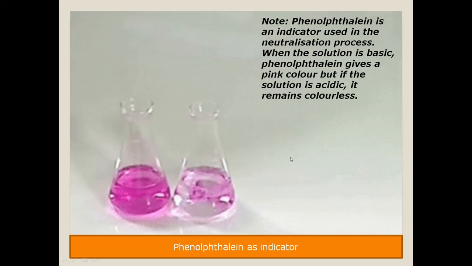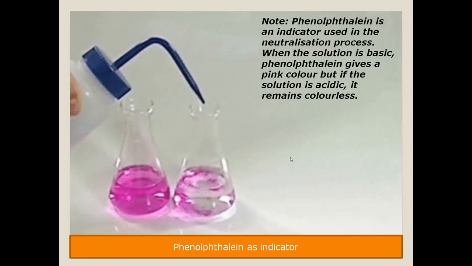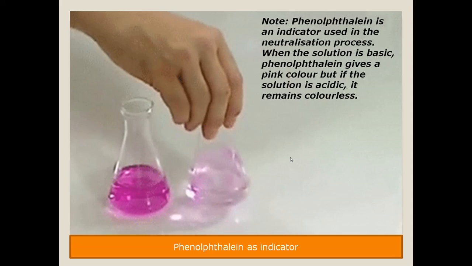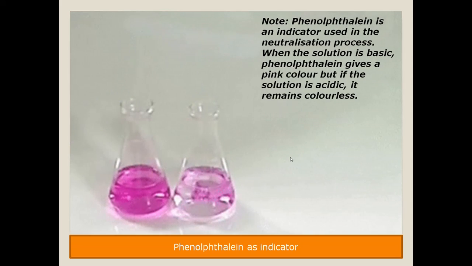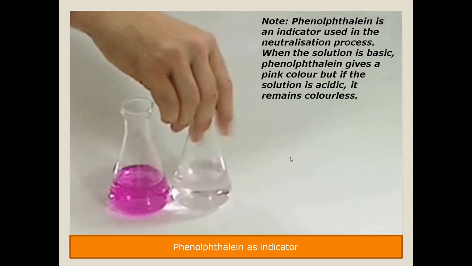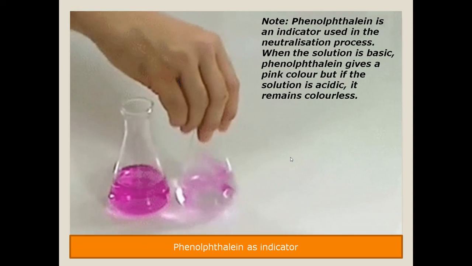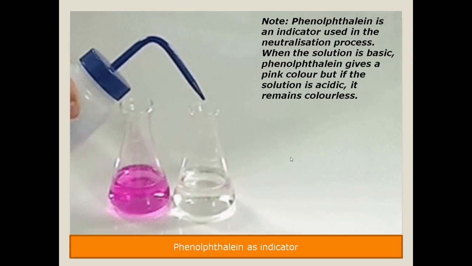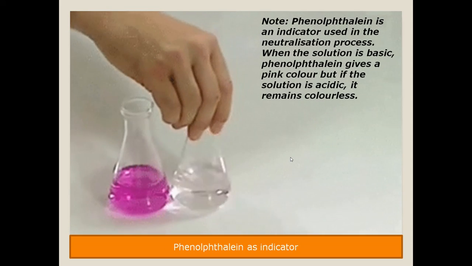Look at this given image. Here a person is using phenolphthalein as an indicator. Phenolphthalein is an indicator used in the neutralization process. When the solution is basic, phenolphthalein gives pink color. But if the solution is acidic, it remains colorless.